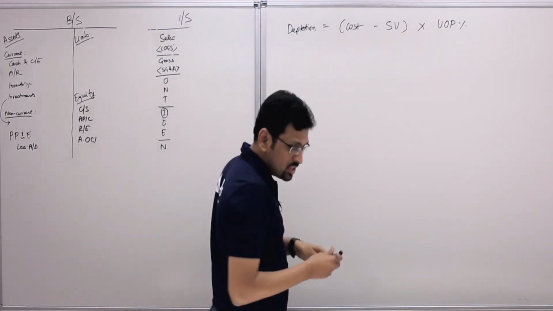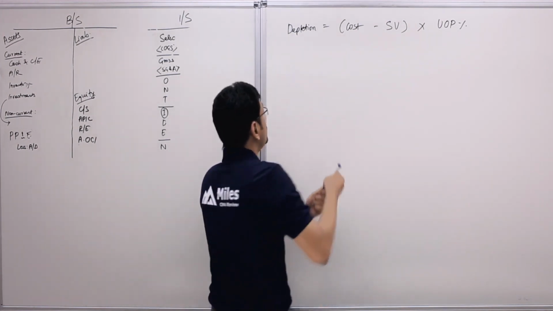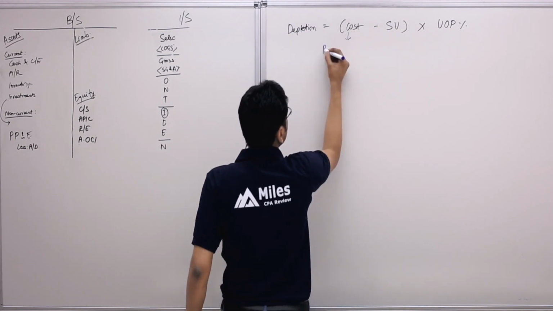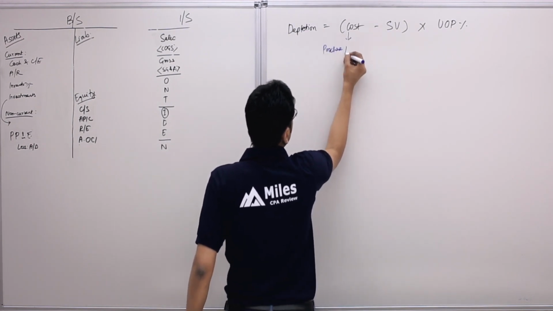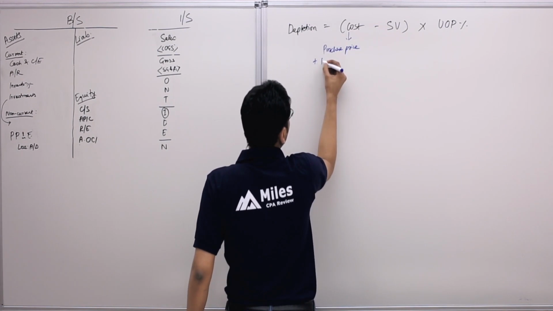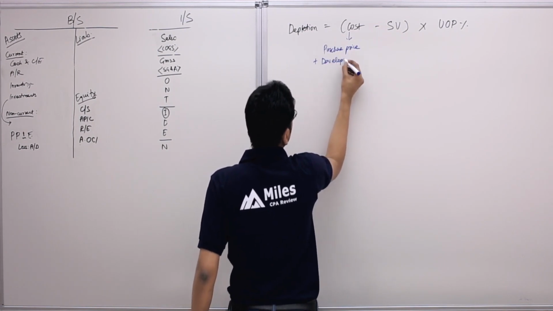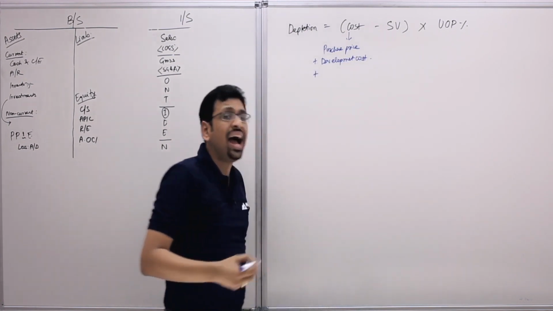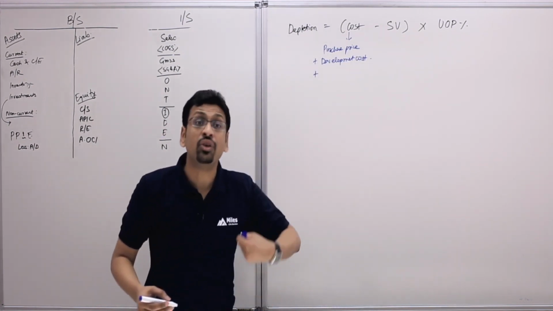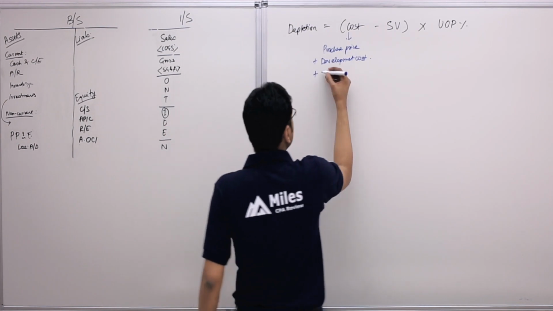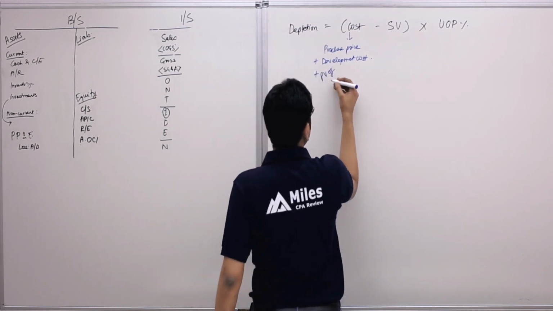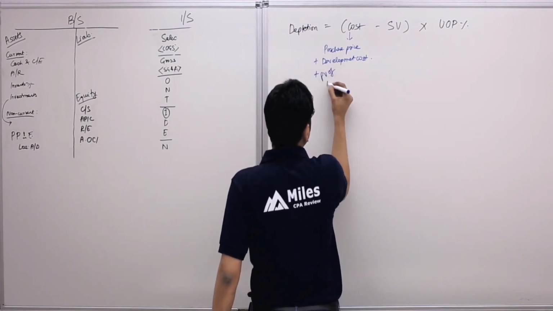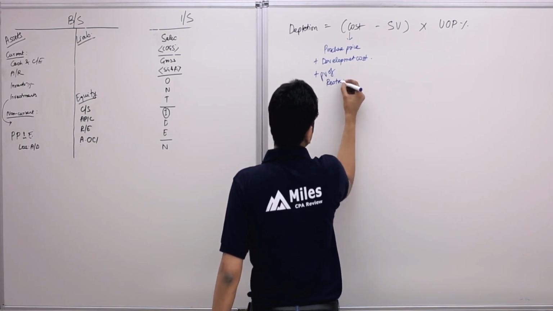Now, when we looked at this cost, we said cost is the purchase price plus any development cost, and we also added any anticipated restoration cost. Let's put it as present value of anticipated restoration cost.